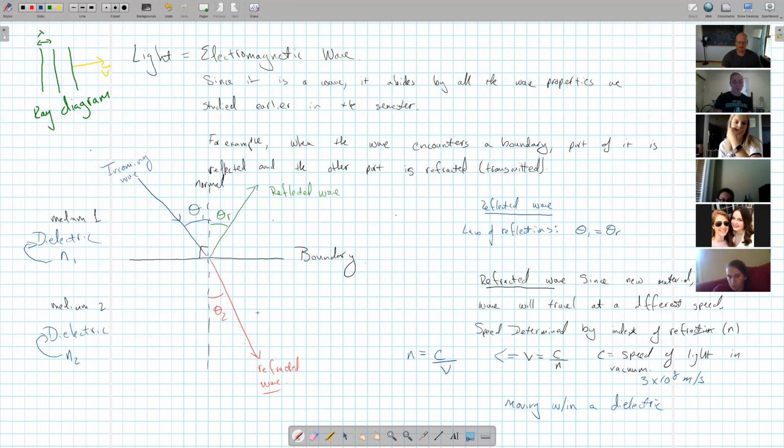What the law of refraction, also known as Snell's law, says is that the way the light is bent depends on these dielectric constants, or on these indices of refraction.